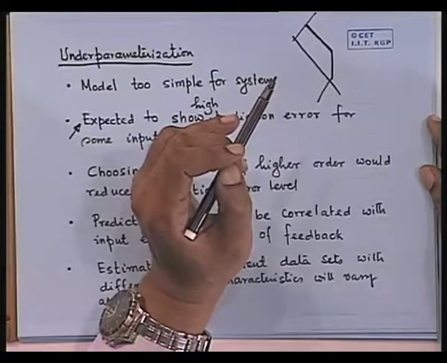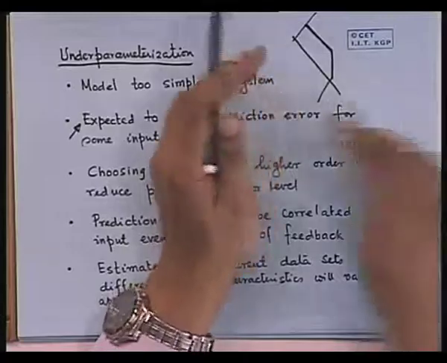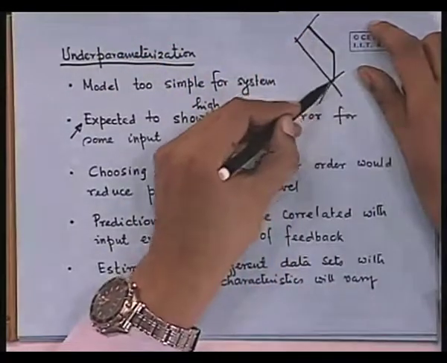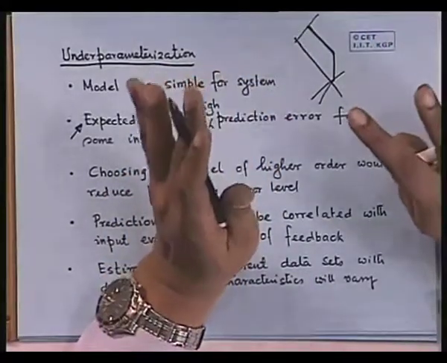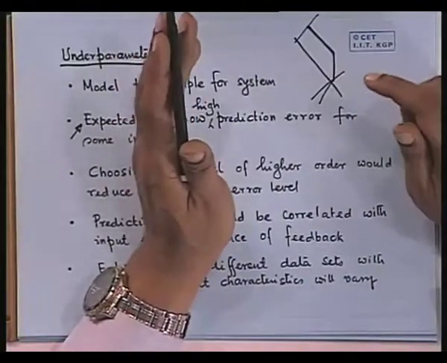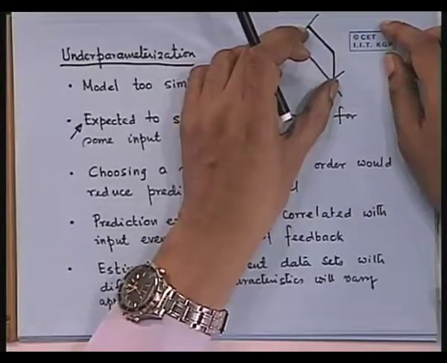Correct? 2 poles. But as long as your input is up to this frequency, it's like a first order, at least in the asymptotic plot. The true plot is not that; just for simplified argument, we are thinking in terms of the asymptotic plot. So at least up to this it can be approximated by a first order system.